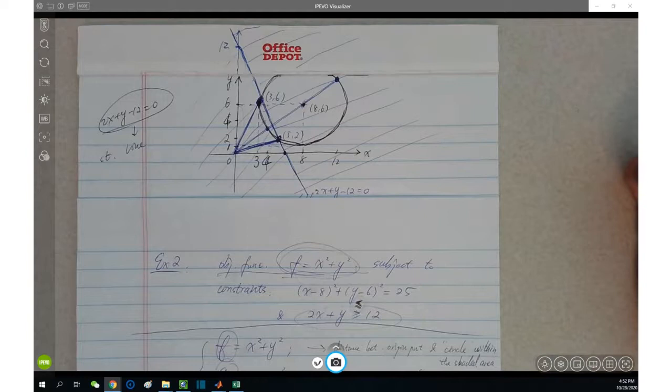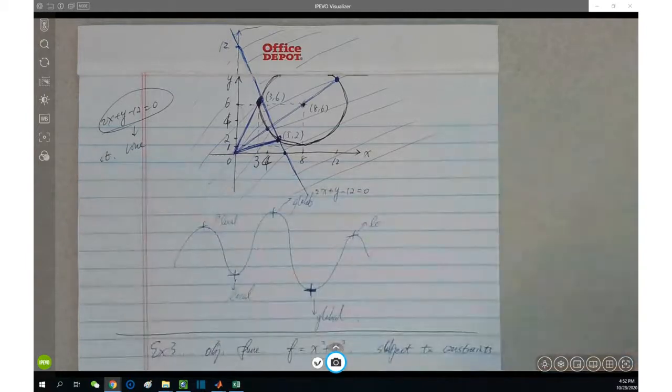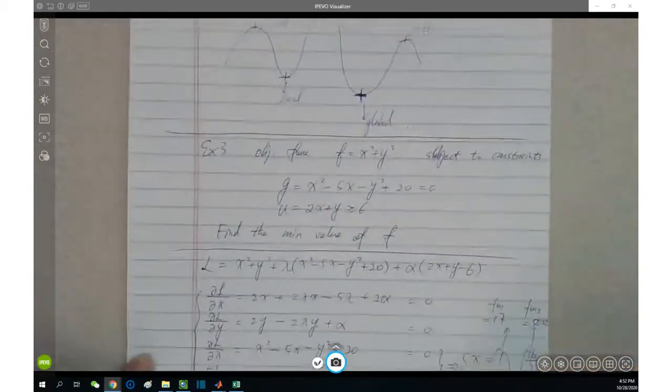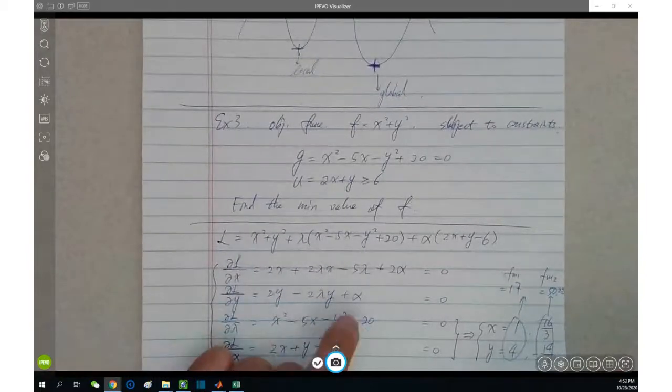Does it make sense? What was the X value that you got for this example? Example 2. Which example? Oh, the last example we did. You mean 3? Yeah.